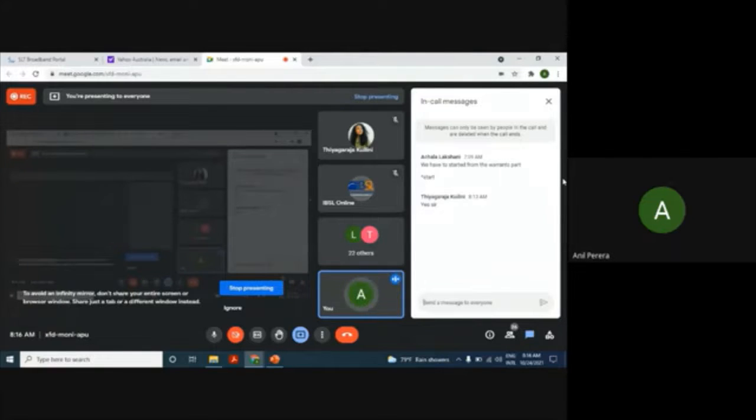This is question 1.7. List 2 foreign currency debt instruments issued by the government of Sri Lanka. Sri Lanka Development Bonds and International Sovereign Bonds.